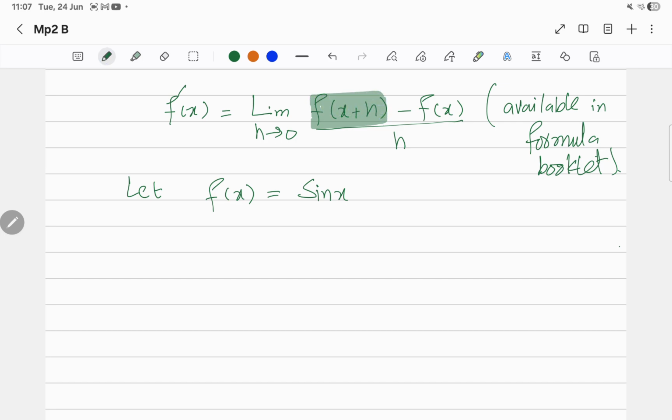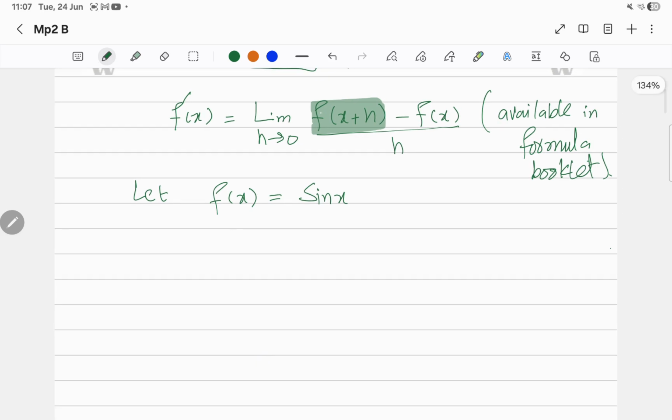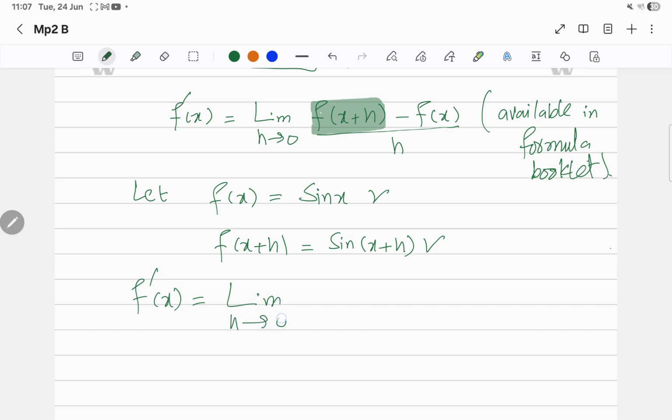So if f of x equals sine x, then f of x plus h will be sine of (x plus h). Now we can substitute these two values into the formula, and f prime of x equals the limit as h tends to 0 of (sine of (x plus h) minus sine of x) over h.